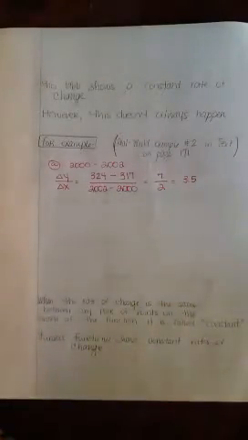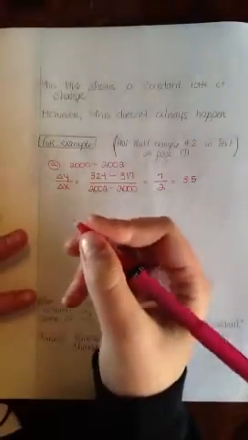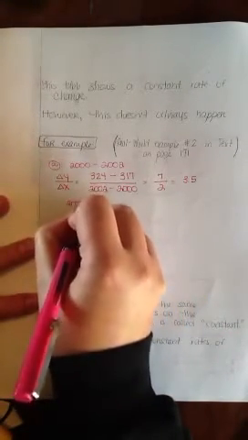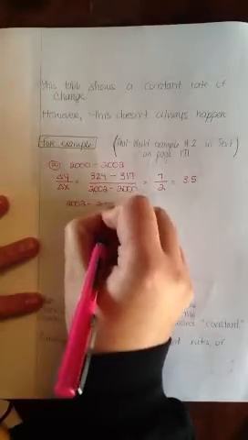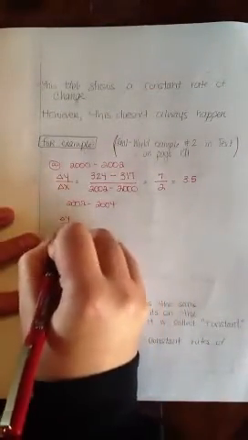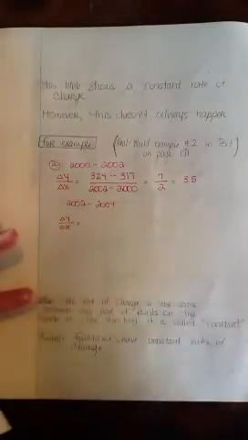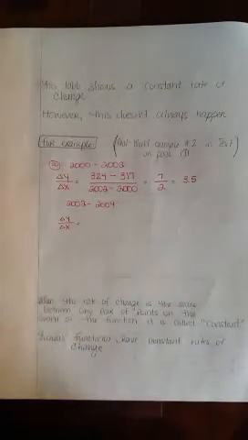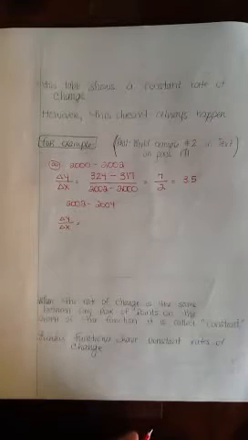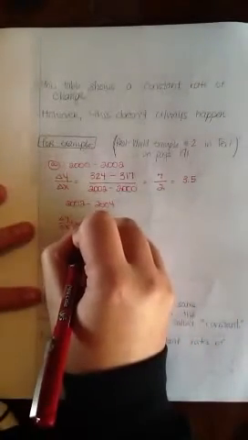Now let's talk about the years 2002 to 2004. Delta y over delta x equals, now take a look at your graph. In the year 2004, 325 million people visited.